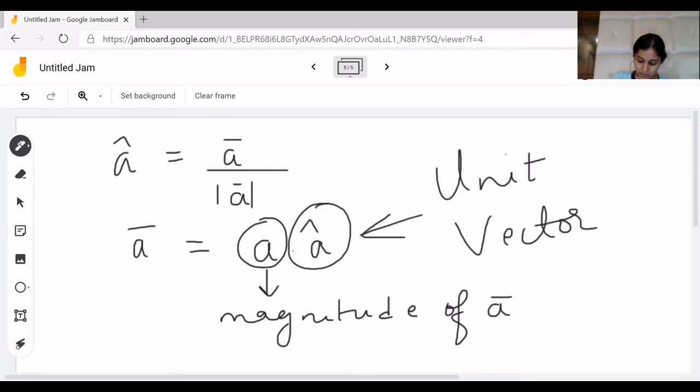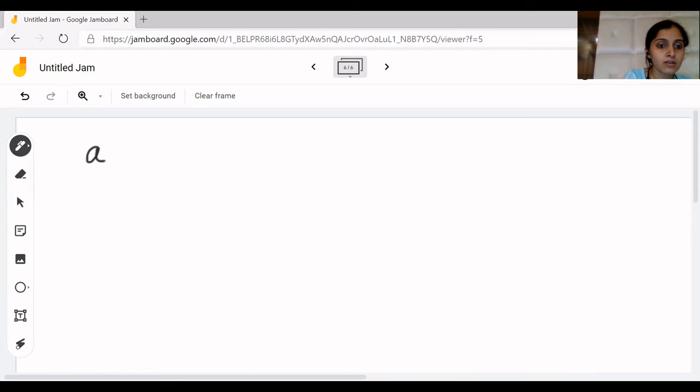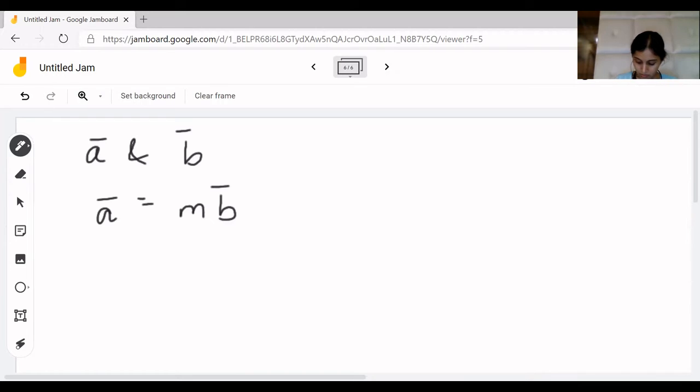Now, if a bar and b bar are parallel or collinear vectors, as we had learned about parallel and collinear vectors, then we can write a bar is equal to m b bar, where m is a non-zero scalar.